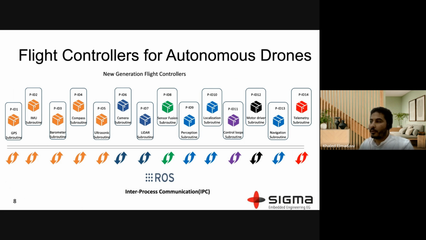This is the new generation flight controller, where each subroutine in the flight controller software stack is an independent process that communicates and shares its data through different inter-process communication protocols.